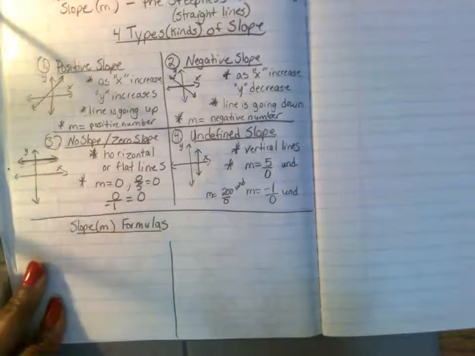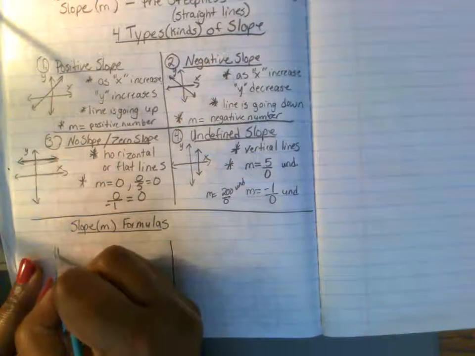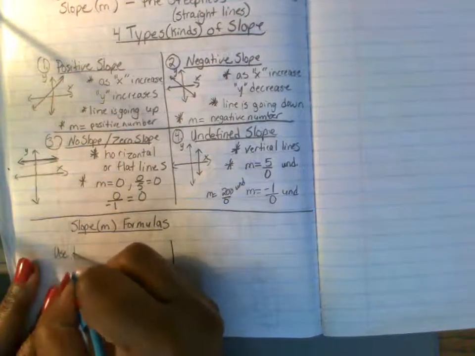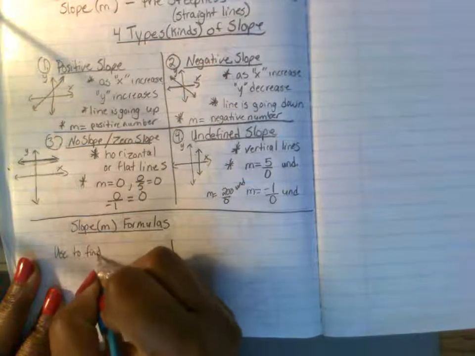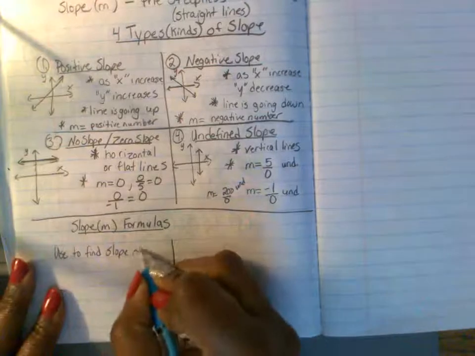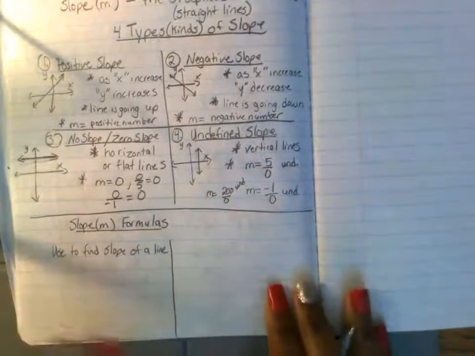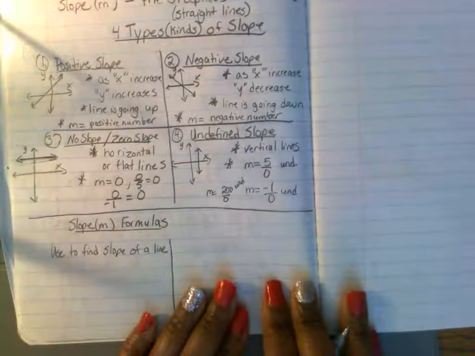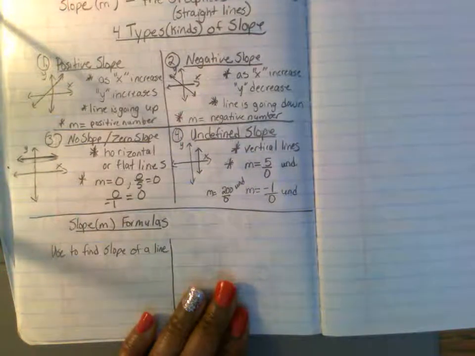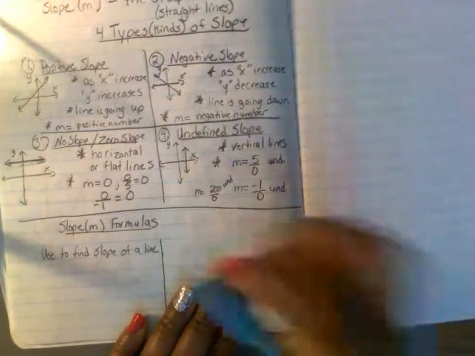The first formula you use to find the slope when you're given a line. And the second formula you use to find slope when you're given 2 points of the line.